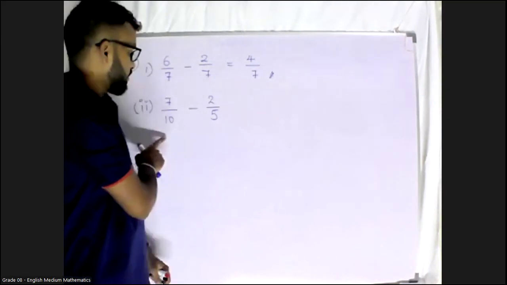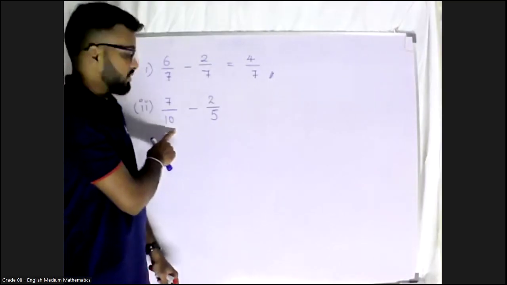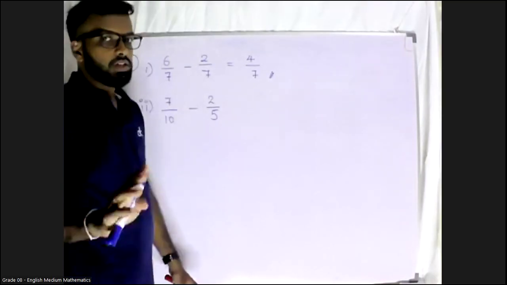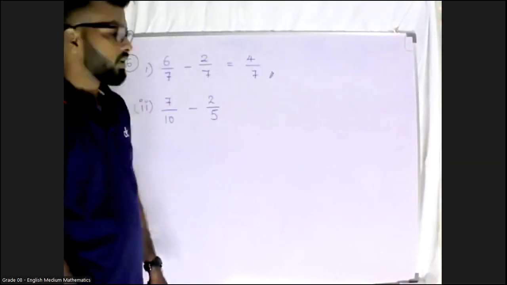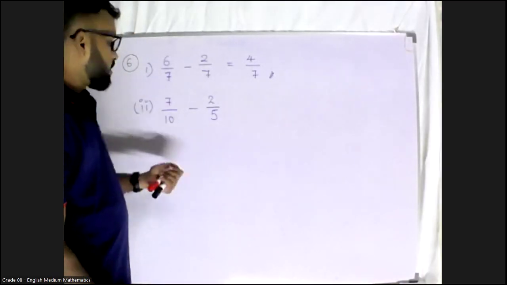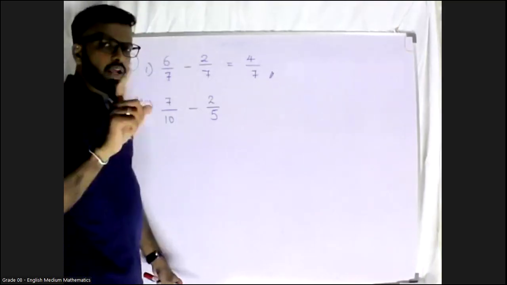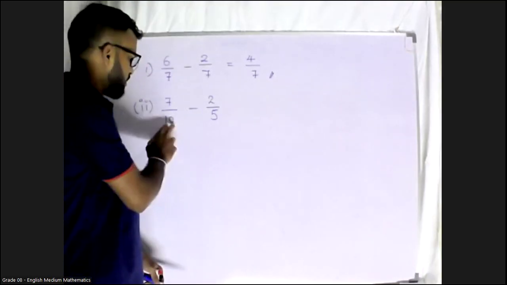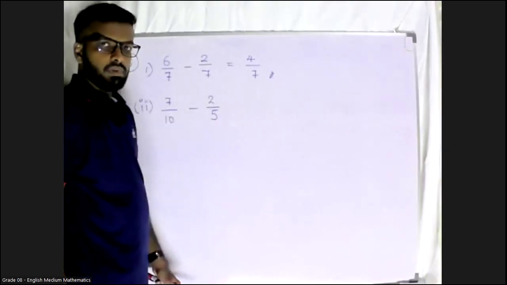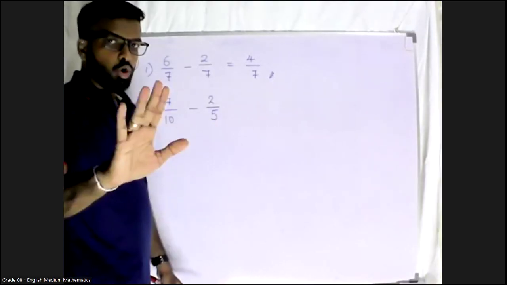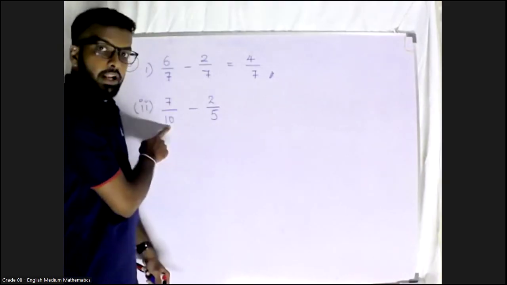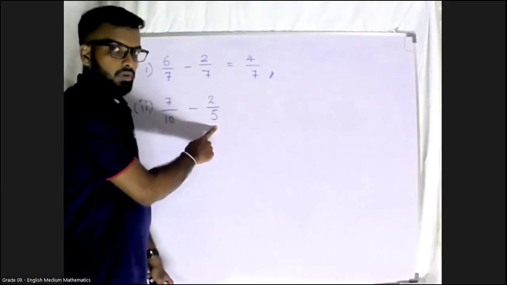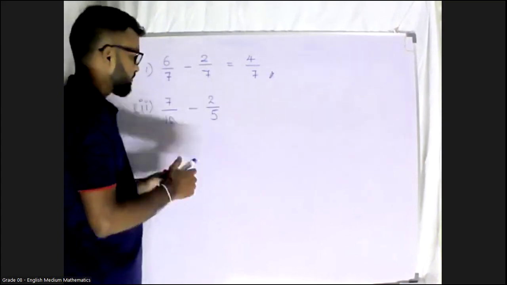These are two different numbers, 10 and 5, right? Now, you need to obtain one denominator for both, right? Don't do it this way, where here you have 10, here you have 5, and you exchange the numbers, right?